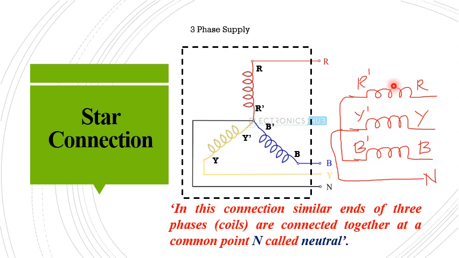That means the impedance in R phase is equal to the impedance in Y phase, which is equal to the impedance in B phase. Since all the phases are identical, the current through each phase will be the same in magnitude, but the phase will be different.